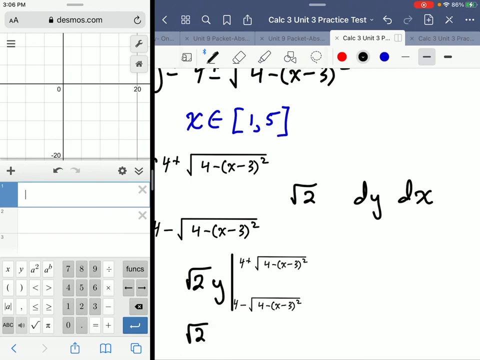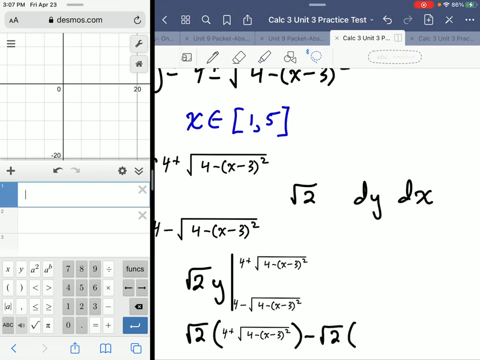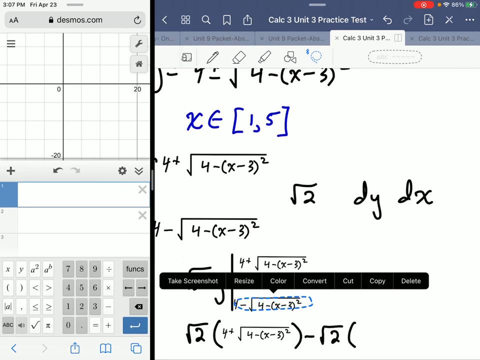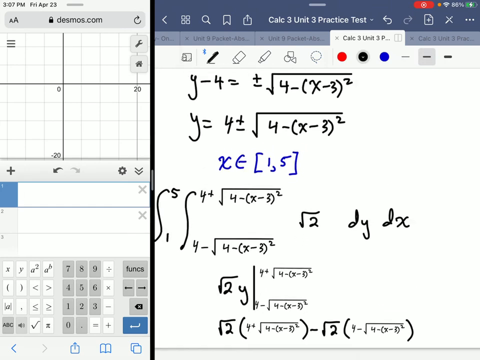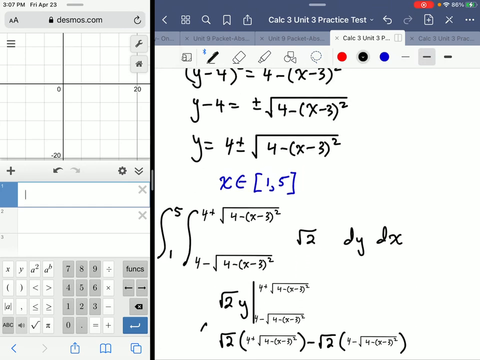So radical 2 times the upper minus radical 2 times the lower, integrated over the interval of 1 to 5 dx. So that's going to go into Desmos.